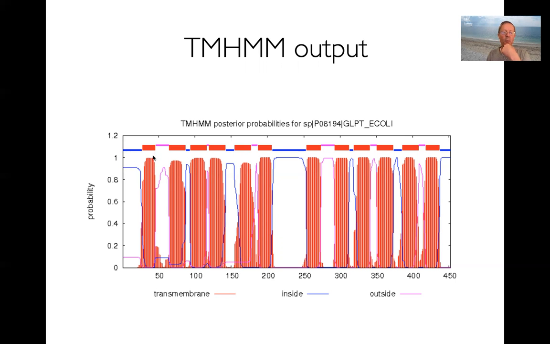The probability that this is a transmembrane helix is actually 1, and then that this is on the outside is also around 0.9, etc. So not only do you get a predicted topology, but by looking at these probabilities, you also get a feel for how reliable the prediction is. TMHMM and similar methods, and there are quite many now, turn out to be quite good at predicting membrane protein topology.